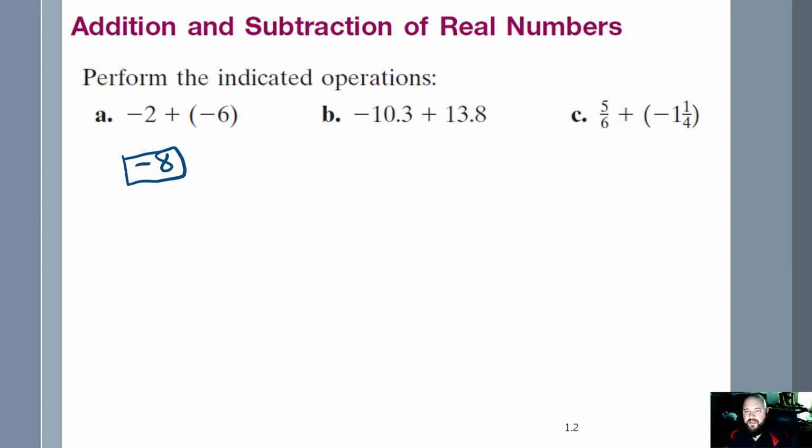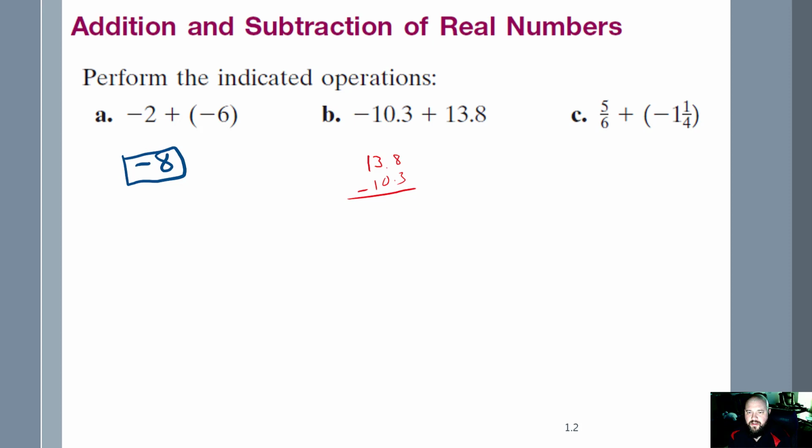Alright, so for B, we have negative 10.3 plus 13.8. This one, we take the bigger number, 13.8, and subtract the smaller number.